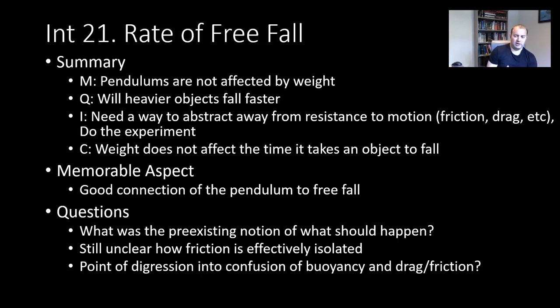One last thing I did have a question about. There's a digression during this integration into how Galileo had a confusion between the forces of buoyancy and the forces of drag and friction. That's a somewhat interesting historical point. I don't really understand why it's brought up in this context.